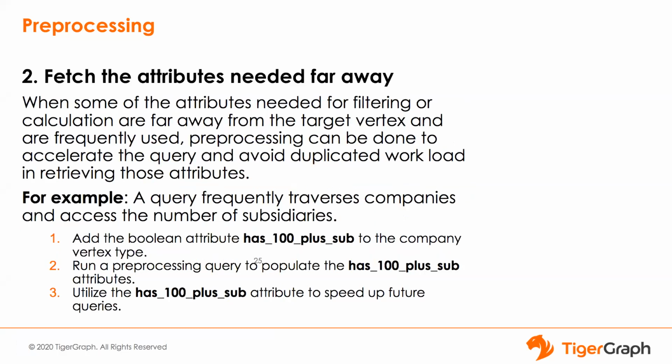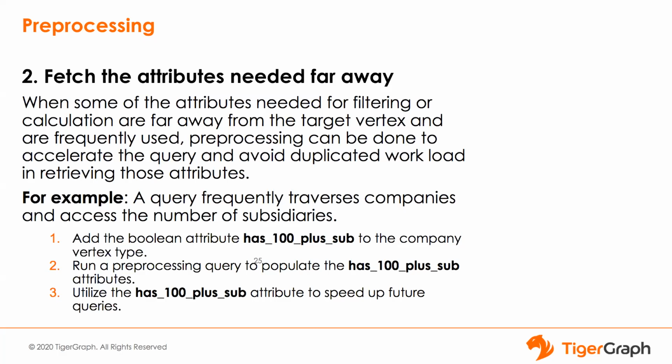Okay, another example is that not only the edges, we can also store this info in an attribute. For example, in some queries that frequently traverse the companies and want to use the number of subsidiaries, you can traverse multiple levels to collect all the subsidiaries, right?